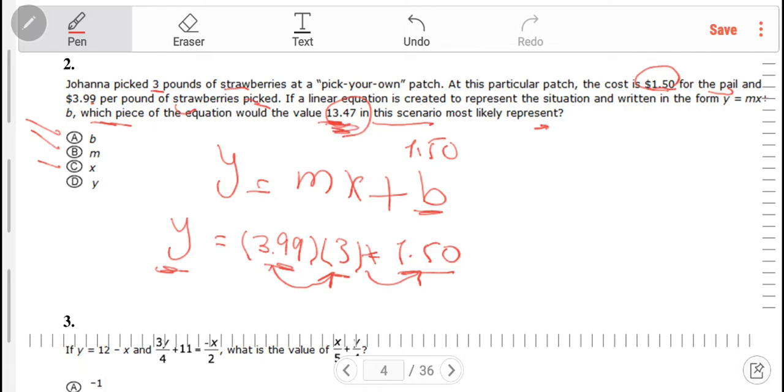If you're going to estimate, this number is $4 instead of 3.99, 4 times 3 is 12, 12 plus 1 is 13. You know that? Understand? So don't use your hand and pencil and no pen please to determine y here. Y is directly the number 13.47, so you're going to choose letter D.